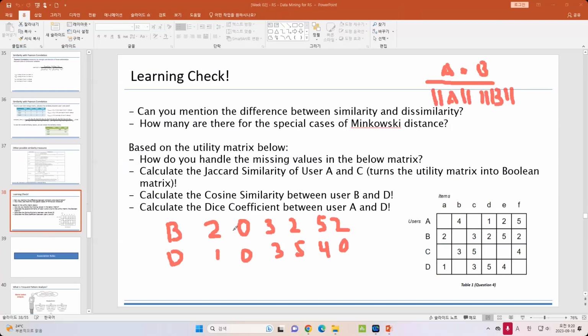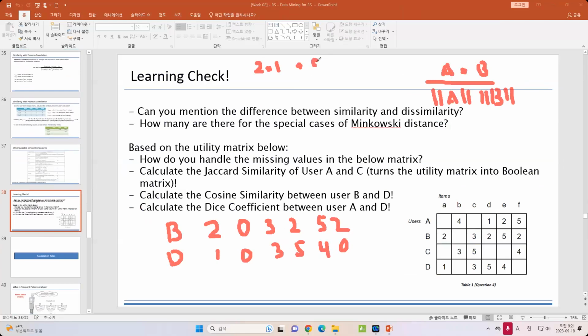Then you can multiply. 2 multiplied by 1 plus 0 multiplied by 0, of course 0. And then 3 multiplied by 3, 2 multiplied by 5, 5 multiplied by 4. 2 multiplied by 0 will be 0.